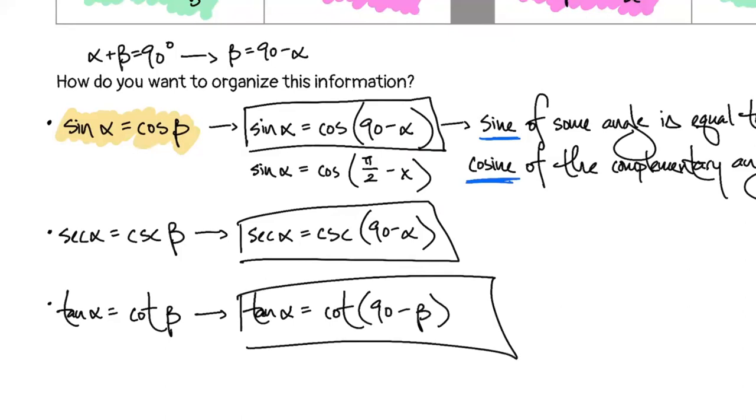All right. So these three are co-function identities, but here's how we use them. We're going to use these in a lot of different ways, but here's how we're going to start to use them.